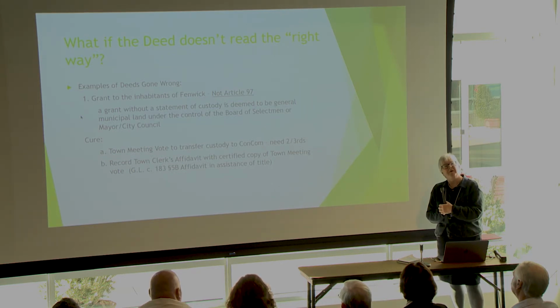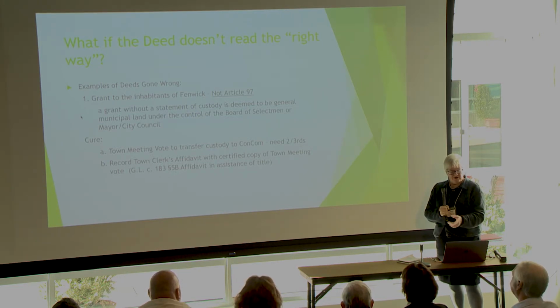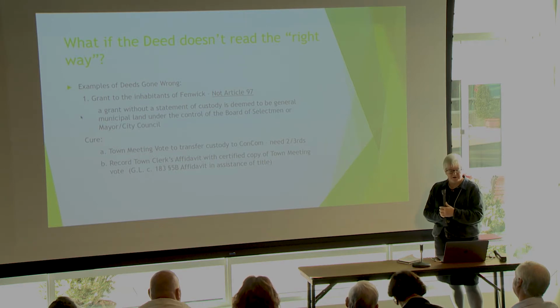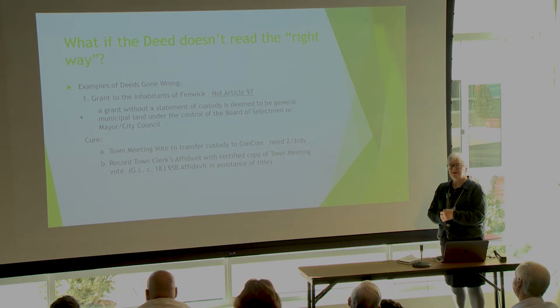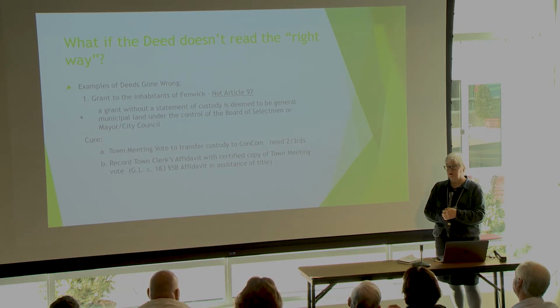So what if the deed doesn't read the right way? These are examples that I have here of deeds that were a mess. People thought that it was conservation land, but the deed just read, grant to the inhabitants of Fenwick, period. Nothing else, not even an address.